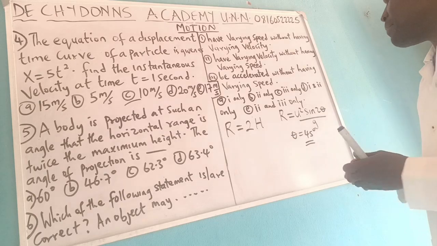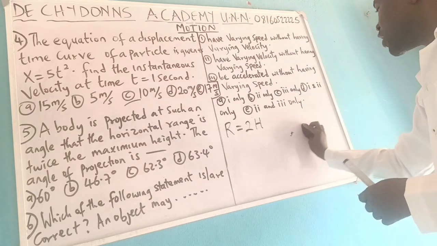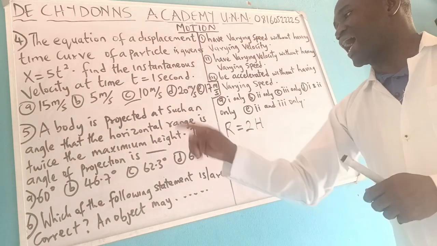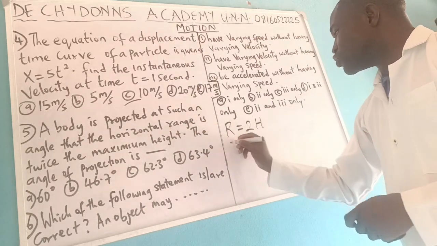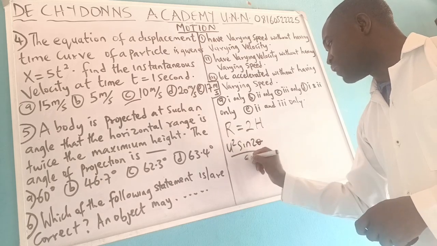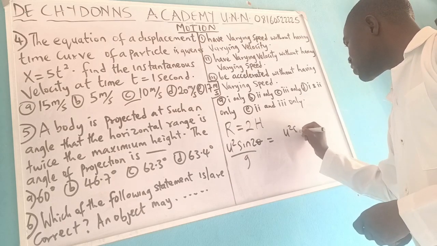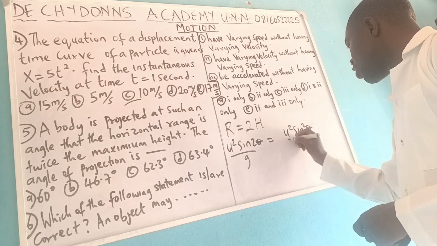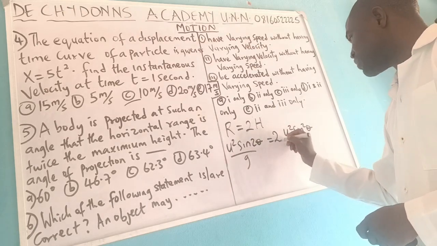Now, going back to the question we are solving, the angle of projection should be what? R is u square sine 2 theta all over g, equals 2 times H, and H is u square sine square theta all over 2g.